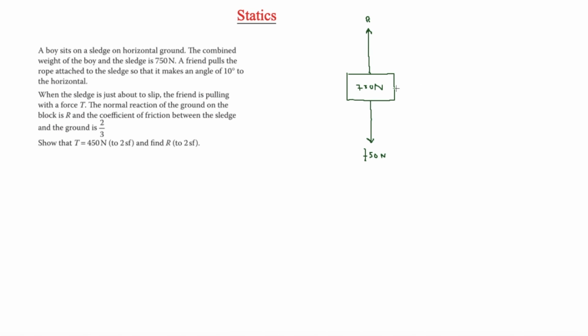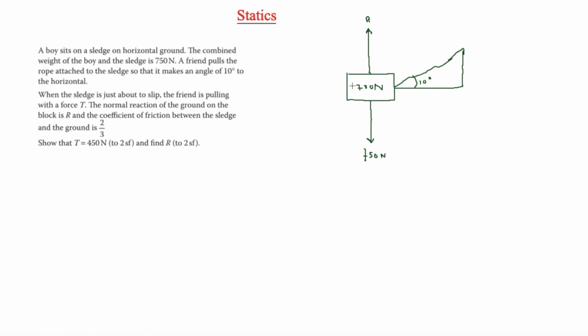Then we have somebody pulling a rope attached to the sledge so it makes an angle of 10 degrees to the horizontal. So we have somebody with a rope, and that's 10 degrees there. And that's the rope there, and we'll have to see how much this rope is in a second.